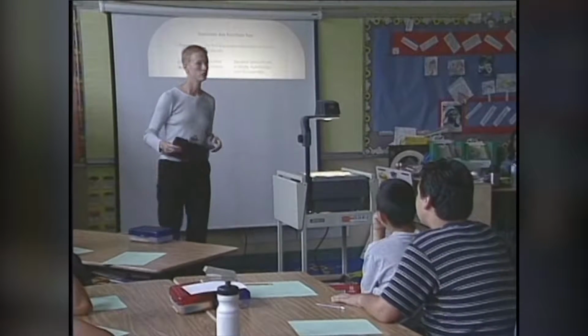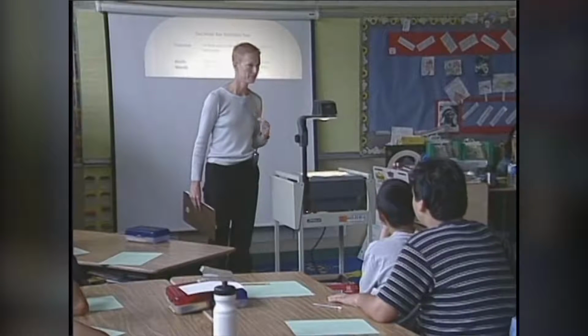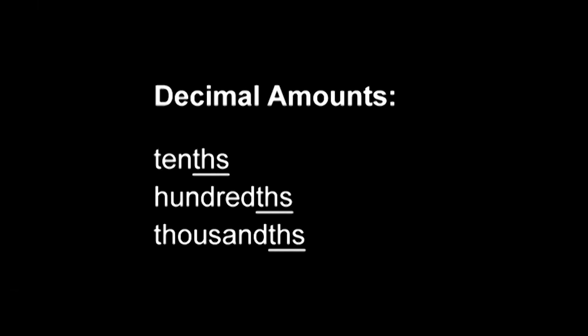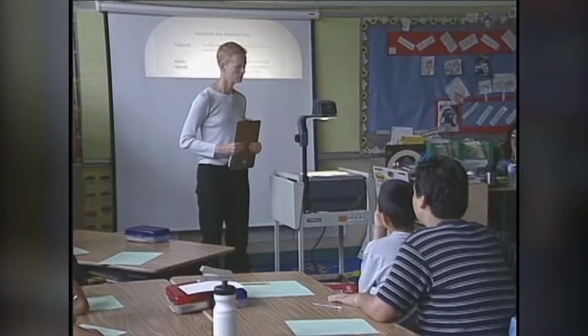And what I'd like you to do is, as I say them, say them to yourself quietly. Okay? Decimal amounts are in tenths, hundredths, and thousandths. I want you to think of an example. An example I'm thinking of is 4/10ths, or 45 hundredths, 360 thousandths.